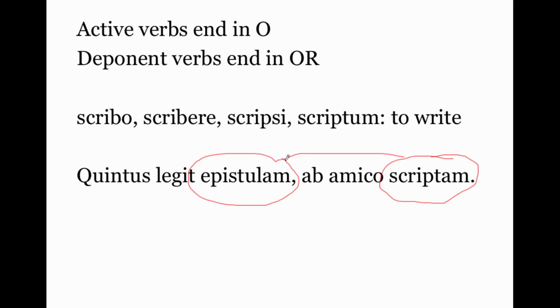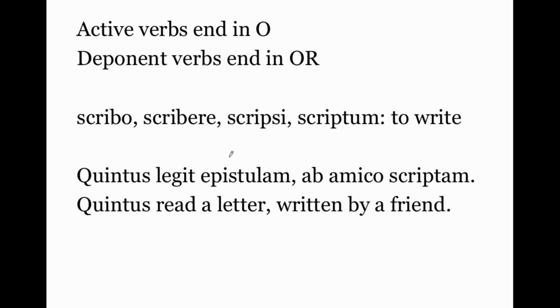The past participle is actually kind of like an adjective describing this object here. Okay, it's passive. Scriptam then means written, having been written. So, Quintus legit epistulam ab amico scriptam. Quintus read a letter written by a friend.